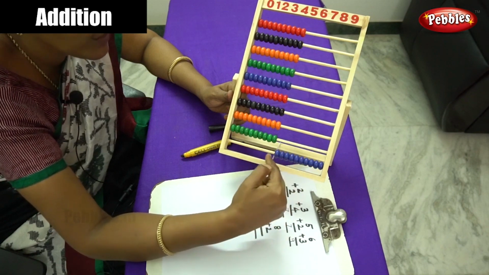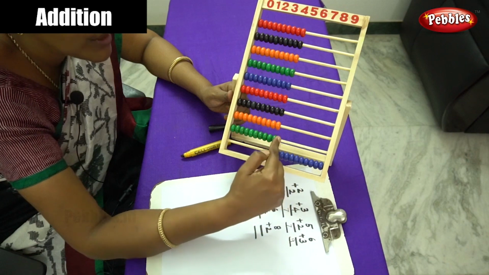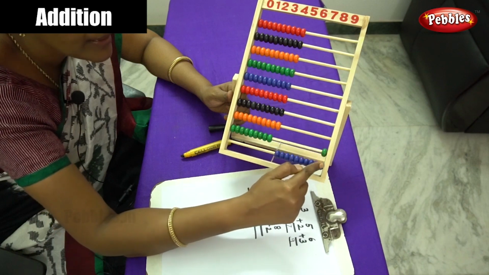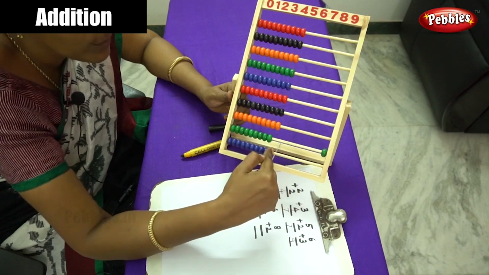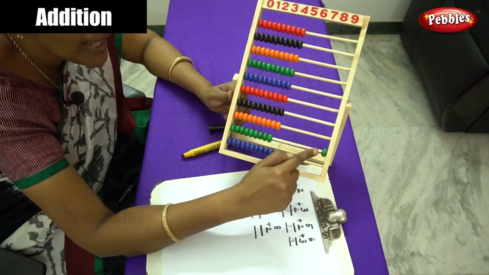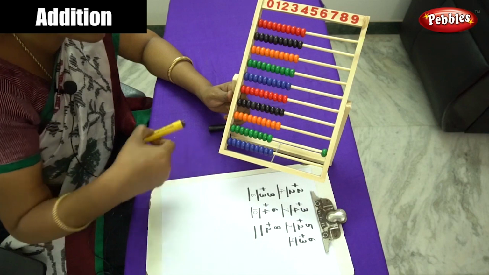So 10 ones beads are equal to 1 tens bead. So move this 1 tens bead and take back the 10 ones beads. So now the answer is 1, 0. Answer is 10.